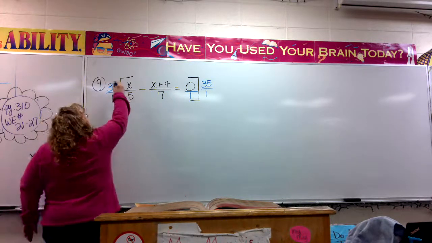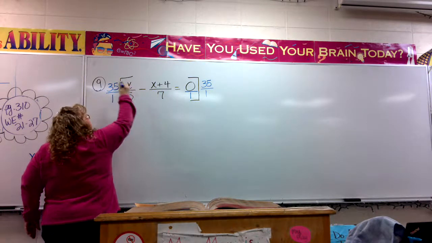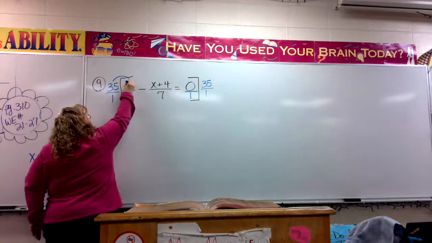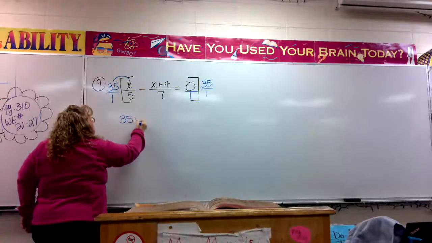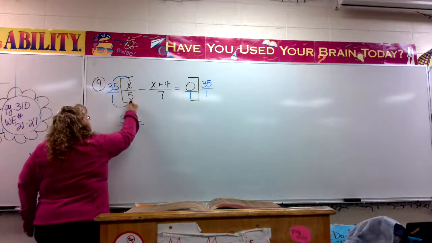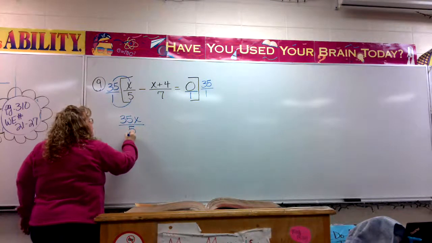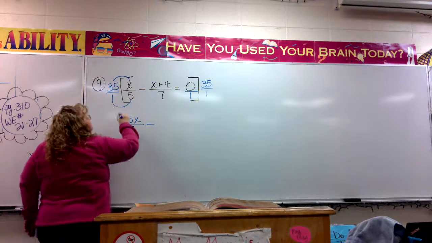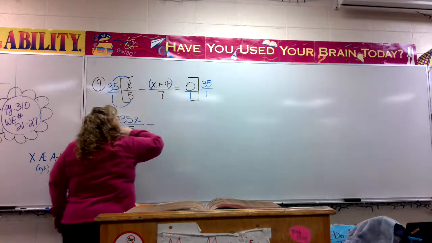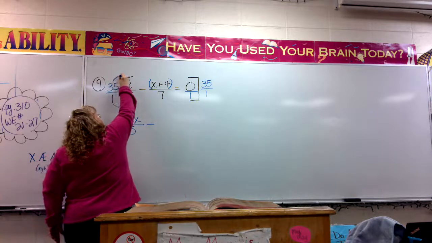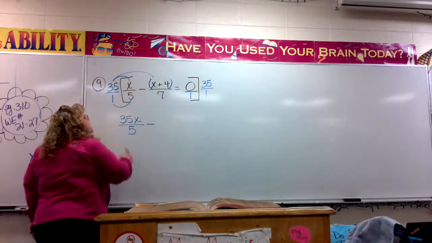So here's what we're going to do. Multiply times every term, top times top, 35 times x, and 1 times 5 is 5. Minus, oh, I forgot to put parentheses around this one. We're going to multiply 35 times this whole thing.